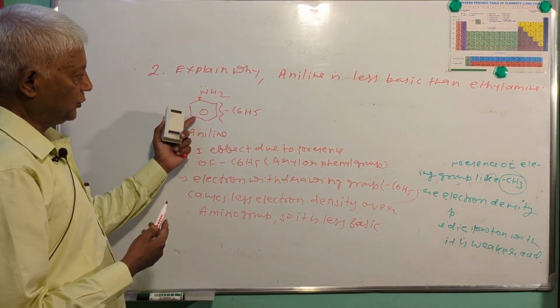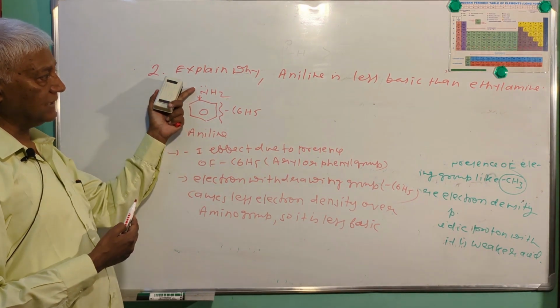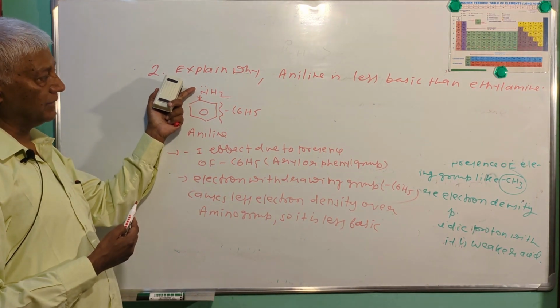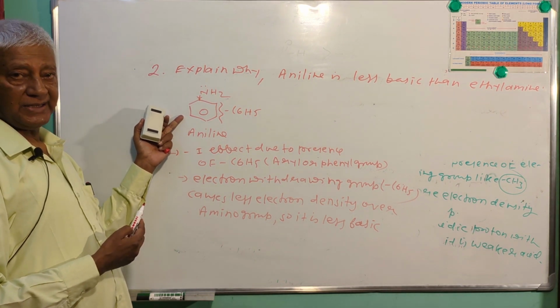Why? Due to the presence of an electron withdrawing group like the phenyl group, it causes less electron density over the amino group. So this is the weak base.